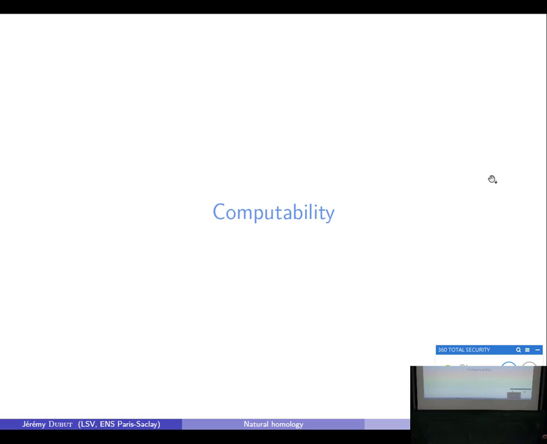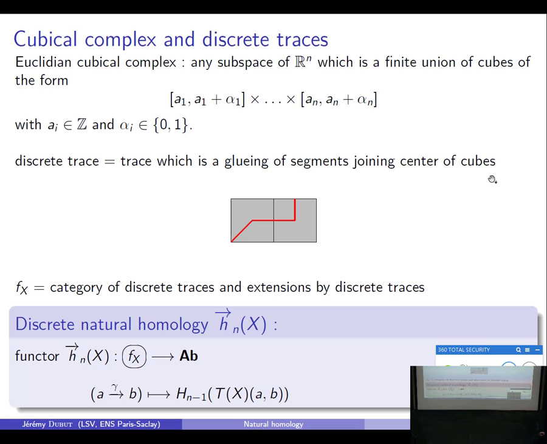Okay, so now we can prove some properties of this homology theory. The first one will be computability. So what we want to do is, we have some D-spaces. We have their homology, which is not really finite because we must index by traces of our pairs of points.